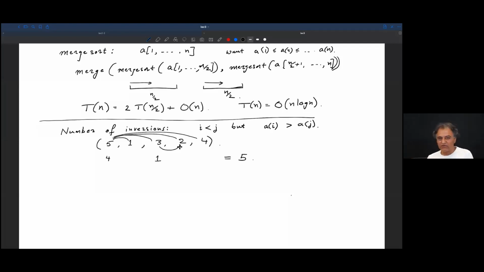So before talking about that, let me just say that the number of inversions is interesting for more than one reason. One is it determines the complexity of this very simple-minded algorithm called bubble sort, which you may have seen.